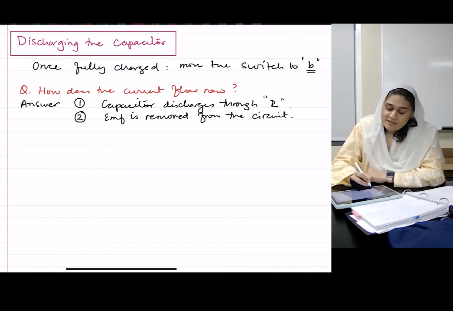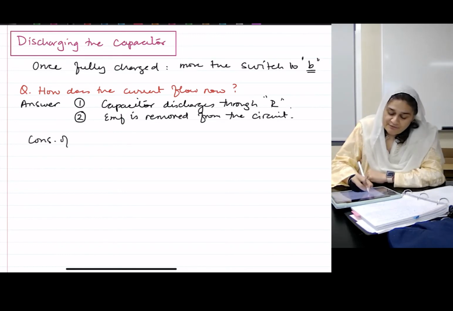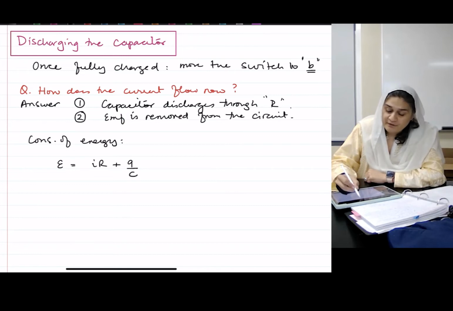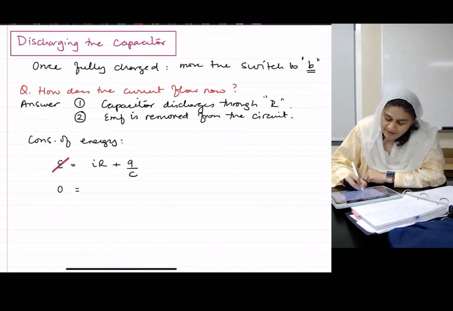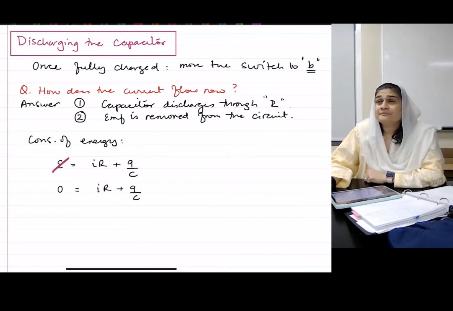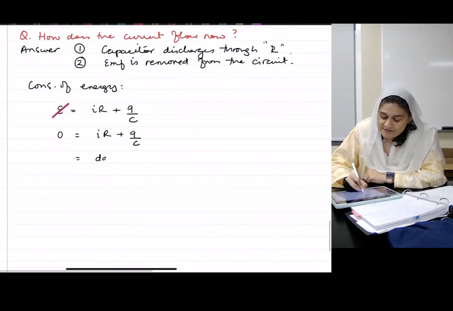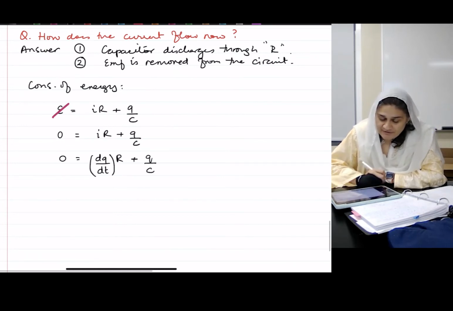Which means our conservation of energy equation that we wrote as E equals IR plus Q over C will now become 0 equals IR plus Q over C. Now using the same thing as we did before, so nothing new, dQ over dt R plus Q over C equals 0.